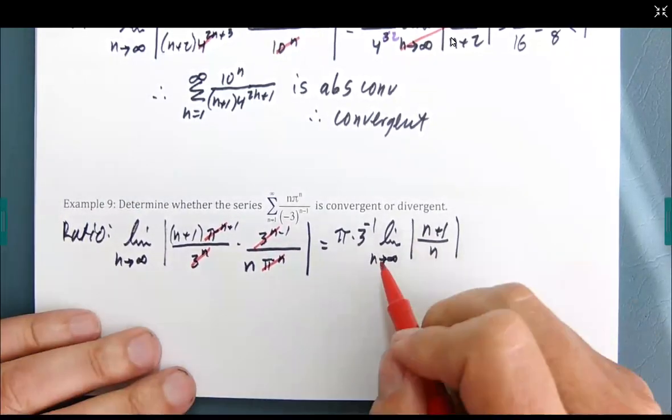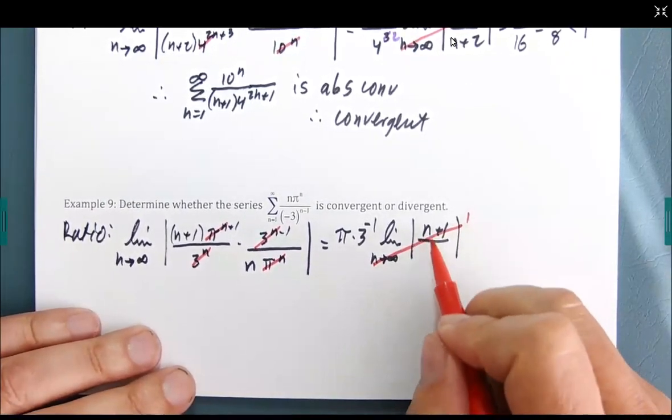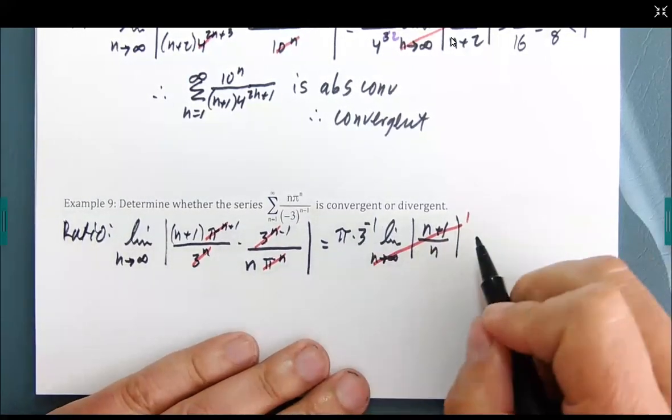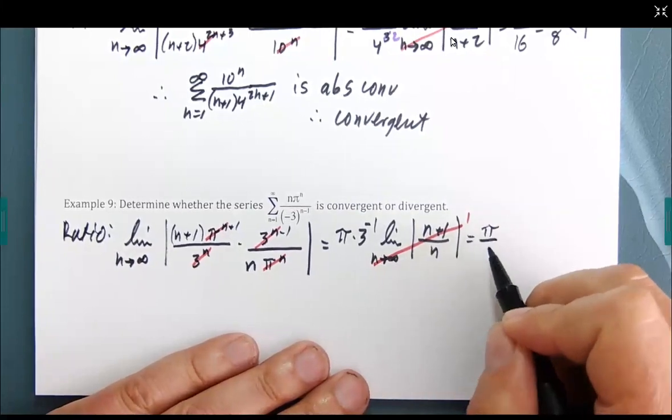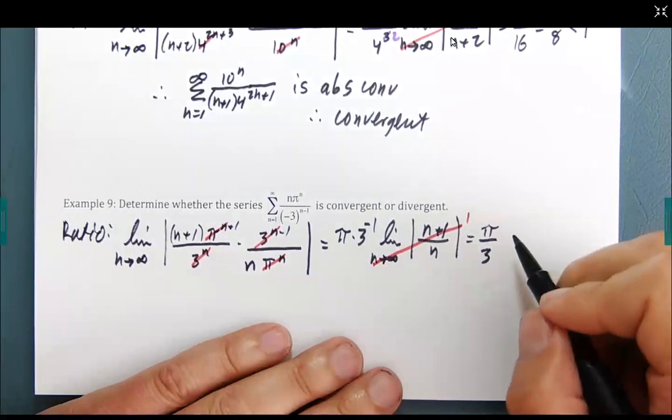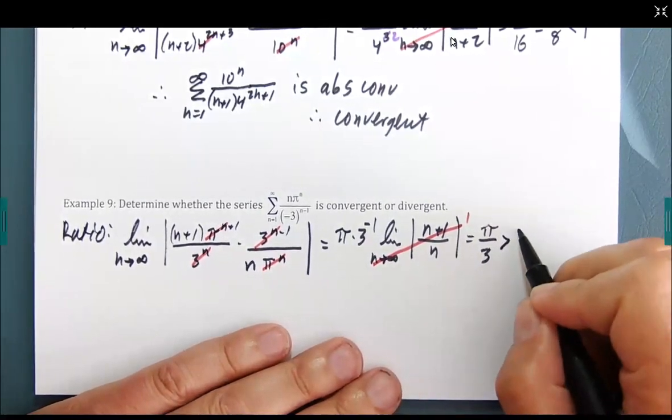Once again, this goes to 1 because the degrees are the same. And because it's a negative 1 power, we end up with pi over 3. Now pi is 3.14159 and so on. Some of you may know many more digits than I know. Point is, it's bigger than 3. The point is, that makes the whole thing bigger than 1.